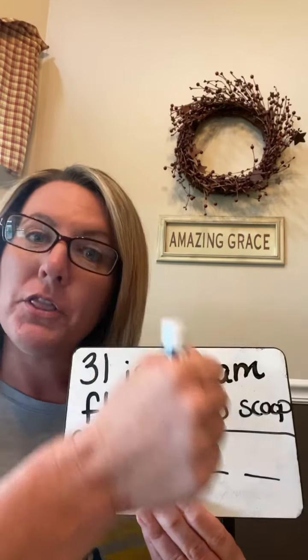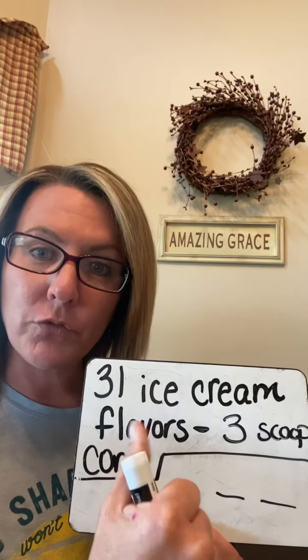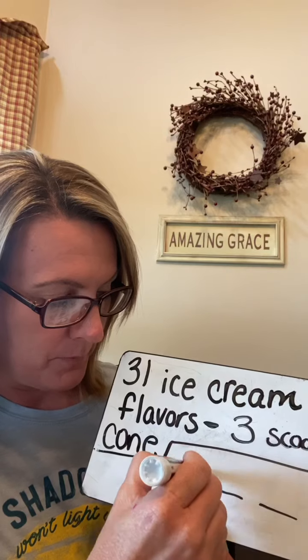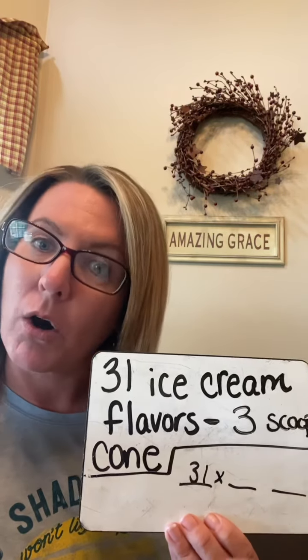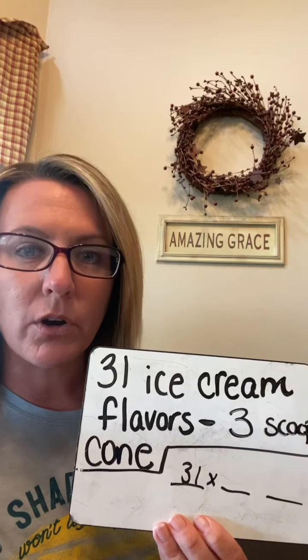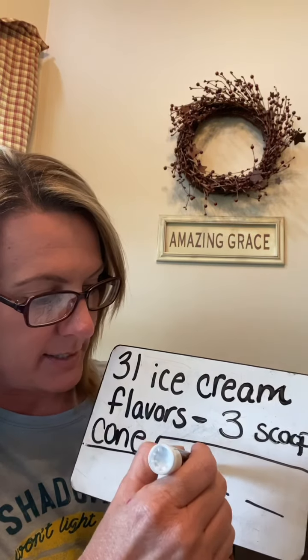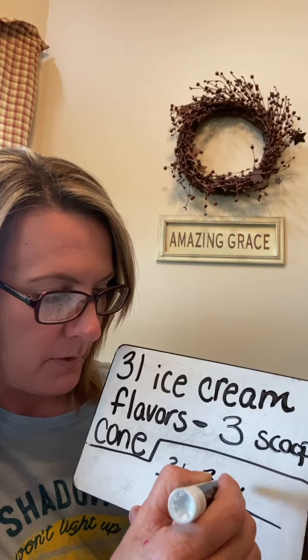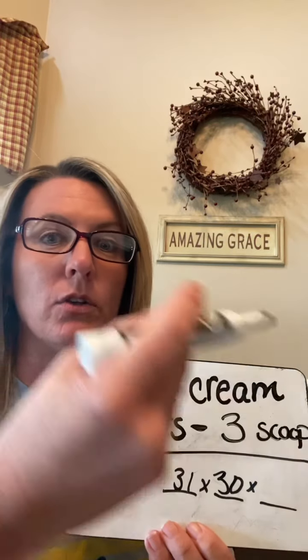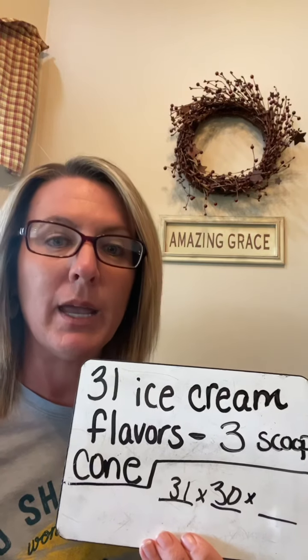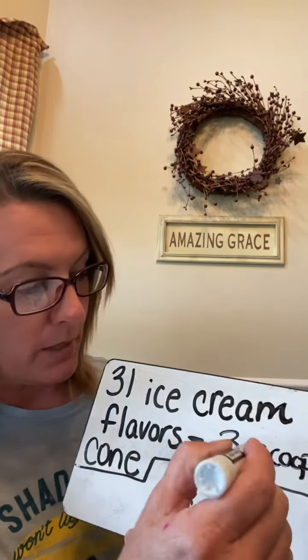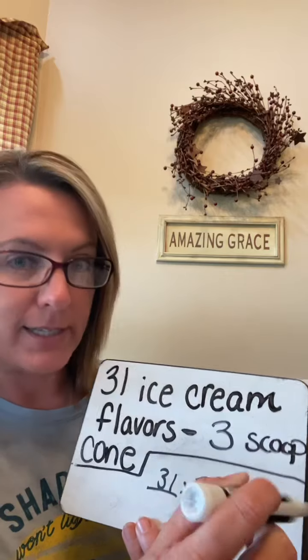Now, on the first scoop, you've got 31 choices. But on that second scoop, because you've already used 1, now you're only going to have 30 choices for the second scoop. And because you've already used 1 choice for the first scoop and 1 choice for the second scoop, now for your final scoop, there's only 29 choices left.